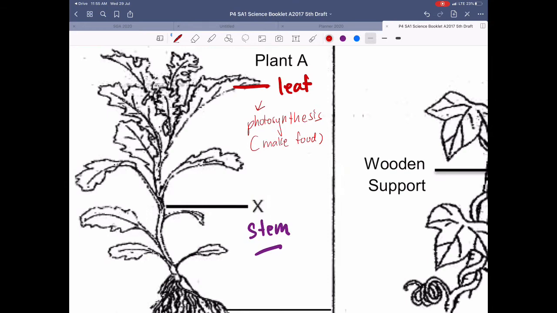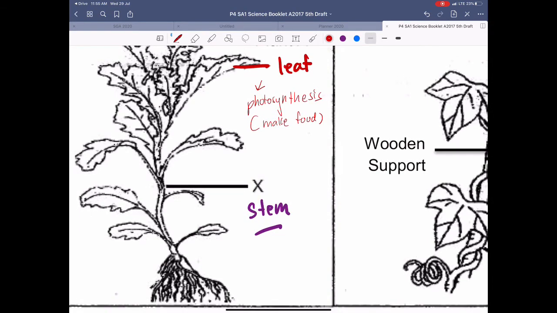Then after that, we also have roots. The function of roots is to absorb water and mineral salts from your soil.